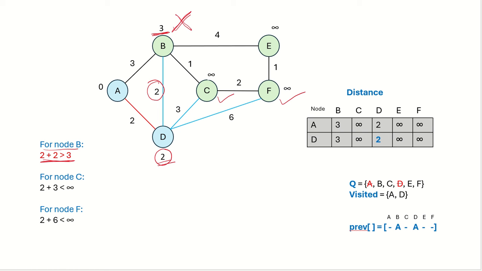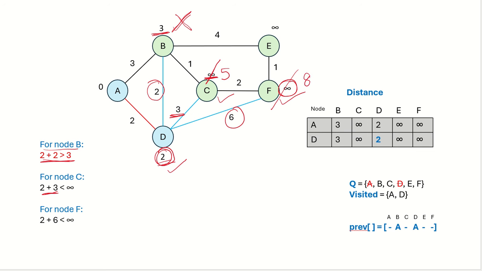For C, is 2 plus 3 less than infinite? Yes, it is. So we will update the distance of C to 2 plus 3, which becomes 5. For node F, 2 plus 6, is it less than infinite? Yes, it is. So we will update the distance of F also to 8.